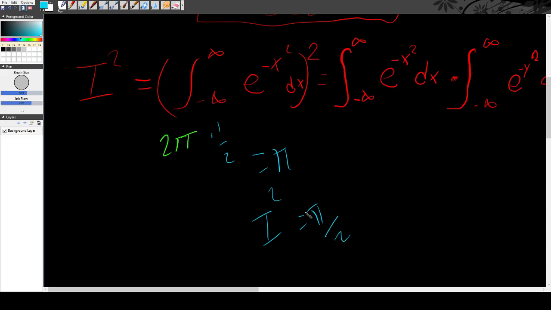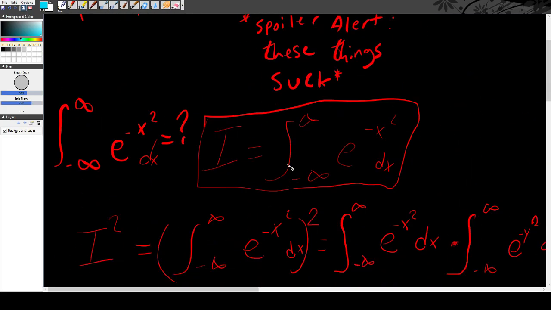Pi over 2, my bad. Oh no, just pi. To get the actual integral, which was just I, we're just going to take the square root of pi. This is your answer. Square root of pi is your answer. Let me just rewrite this entire thing so you can see. Square root of pi.